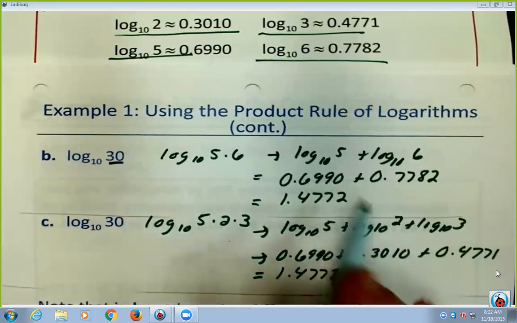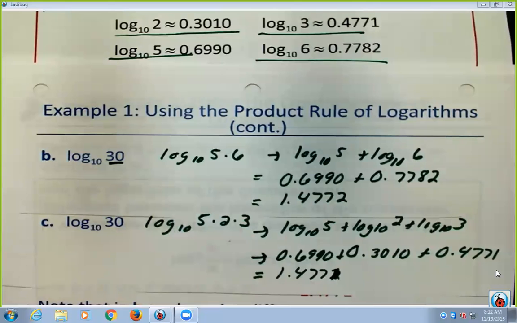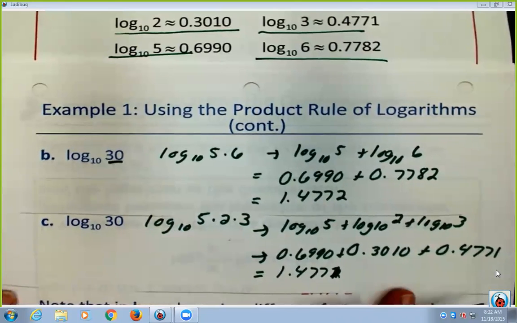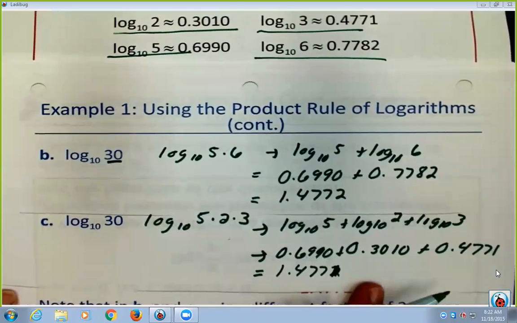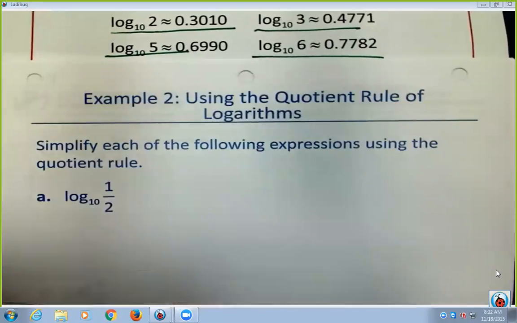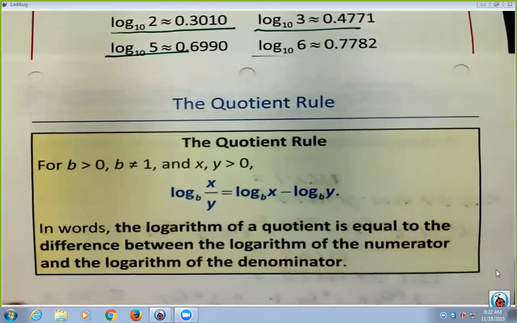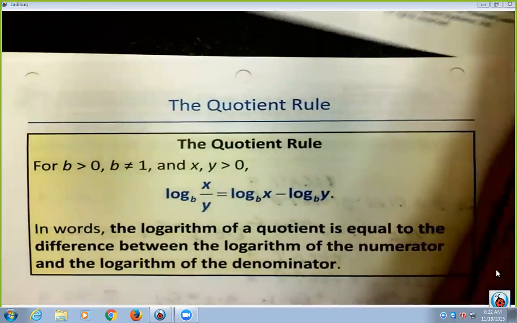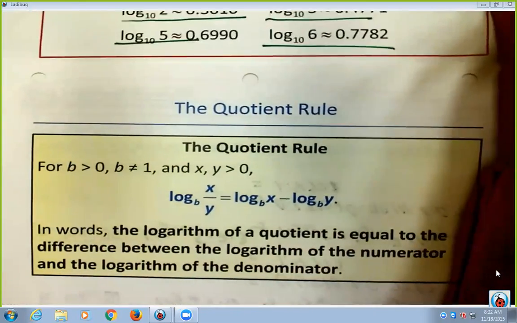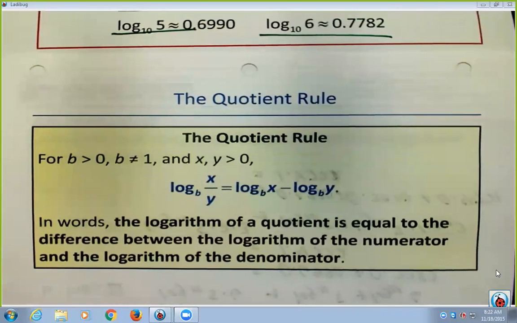So you're plugging these guys in to hold those positions when we expand it out. Now, again, not all of your problems do this. There's only a certain number in there that will expand your stuff out. So then the next rule is the quotient rule.